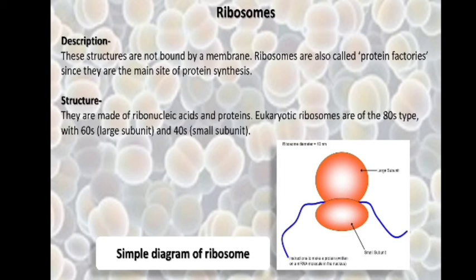Eukaryotic ribosomes are also known as 80S ribosomes, referring to their sedimentation coefficients in Svedberg units. What is the Svedberg unit? The S stands for Svedberg. And what is the sedimentation coefficient? The sedimentation coefficient of a particle characterizes its sedimentation during centrifugation.